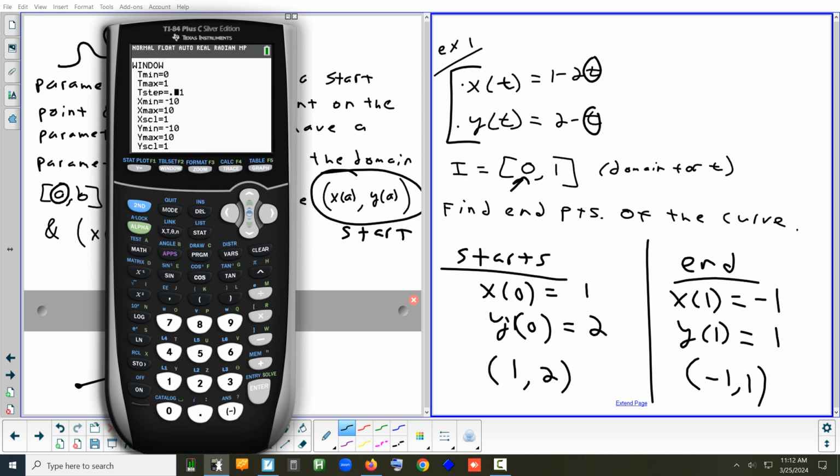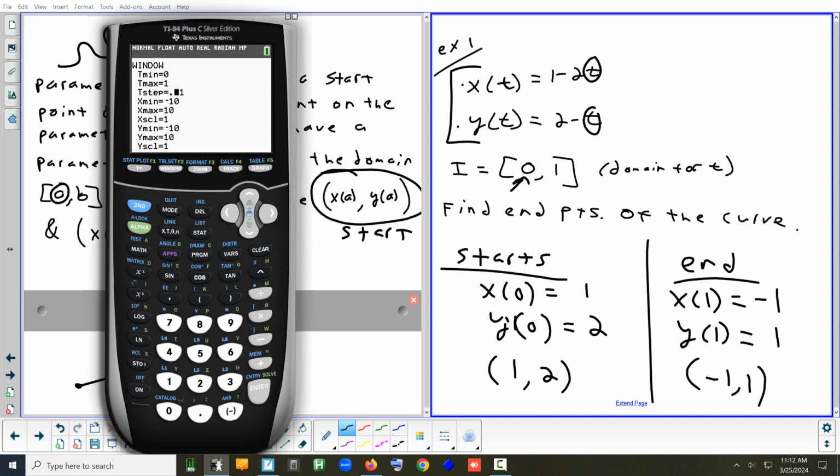If you set the t-step too small, the calculator will start to freeze up. Like if you set it to 0.00001, that's too many points. The calculator is going to get stuck. So I'll do that after and show you how you can fix it.